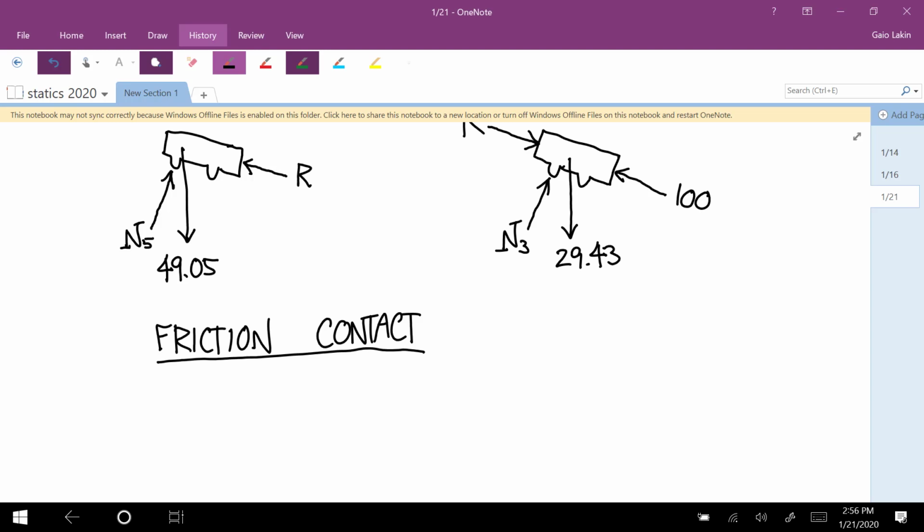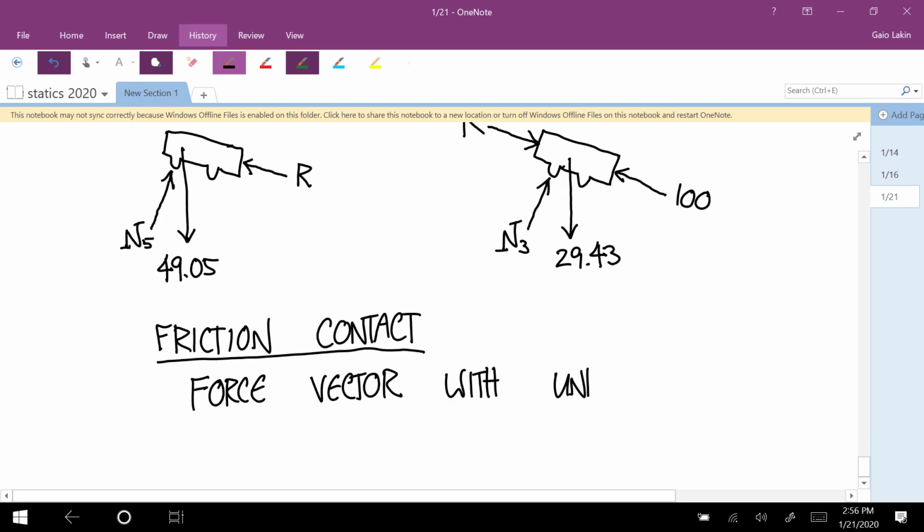what we're going to do is just represent friction contact as a force vector with an unknown direction, a fully unknown force vector. So a force vector with an unknown direction.